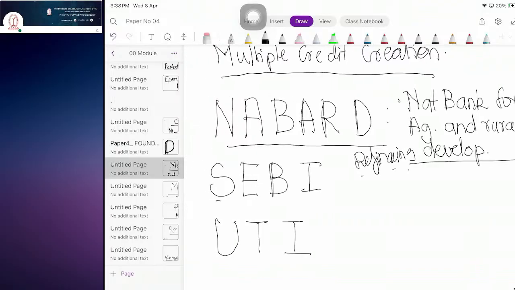Fine. Write SEBI and write what its main function is. What is its main function?